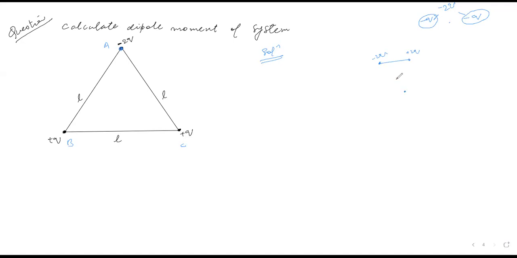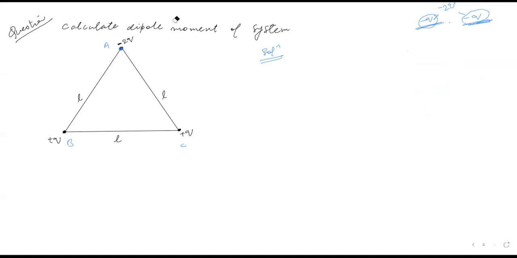If you are taking minus 5Q, then the other charge should be plus 5Q. Okay, then it will be a dipole. And if you are taking minus 5Q and the other one is plus 2Q, then it never constitutes a dipole. Because of this, we are going to consider the minus 2Q charge as minus Q and minus Q separately. Are you clear?